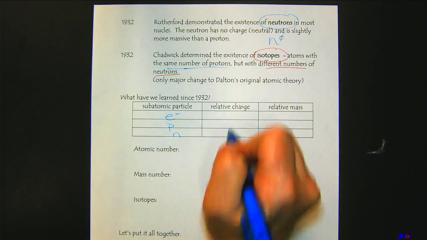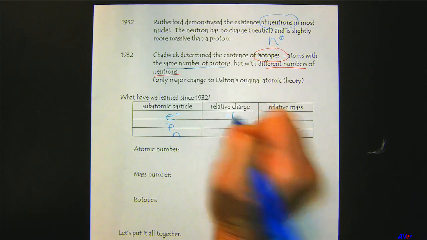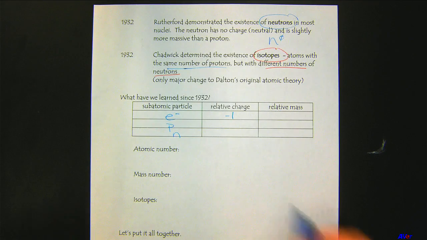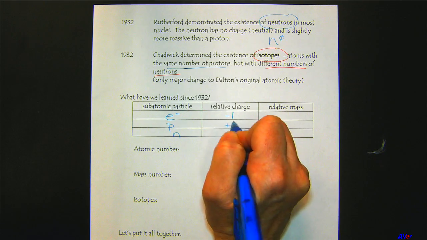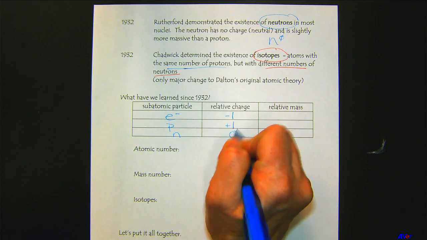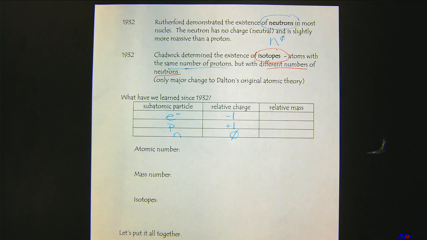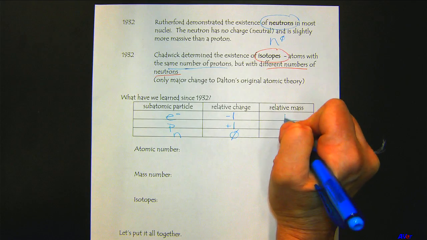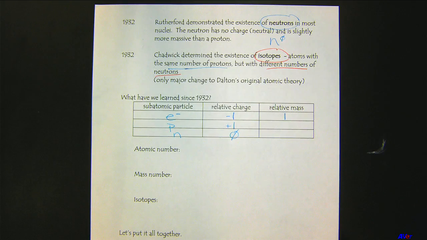Right? We found the electron first. It had negative charge. Right? Then Rutherford found out that protons and electrons had equal and opposite charge. And of course, the neutron is neutral. Now, mass, we're just going to arbitrarily give the electron a mass of 1.